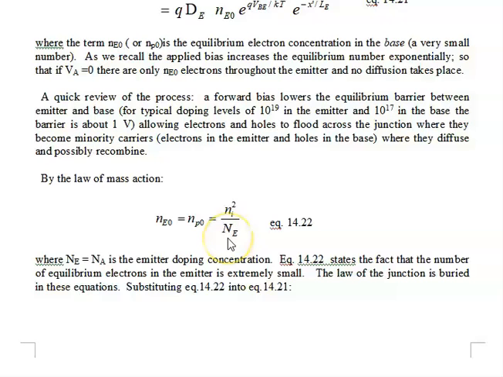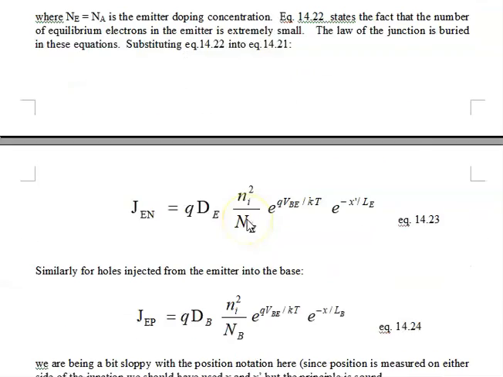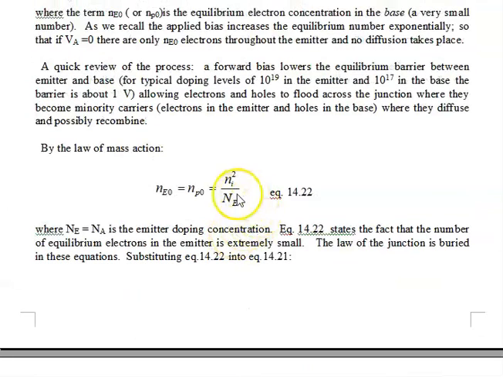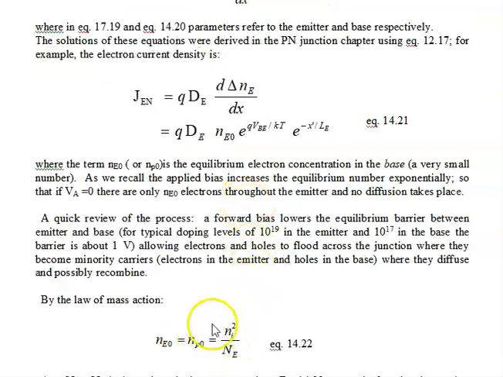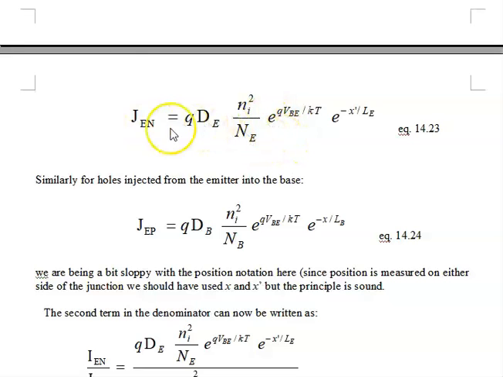This would be the number of equilibrium holes, and those are related, of course, to the doping density. N sub E would be N sub A, the emitter doping concentration. So we can write, basically take this guy and stick it into equation 14.21, and we get 14.23 and 14.24.